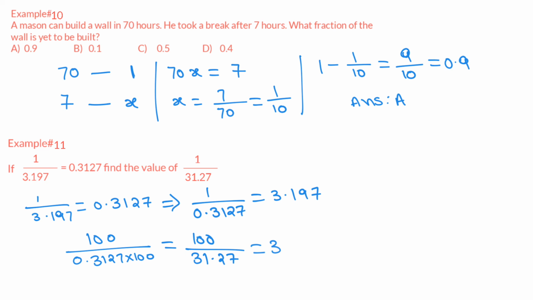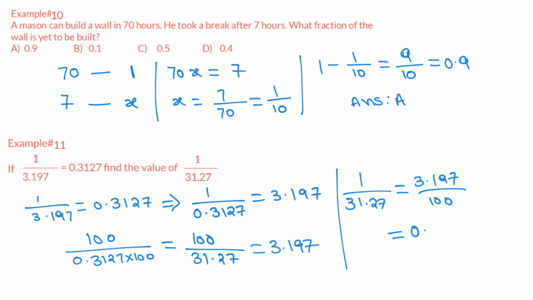So this is equal to 3.197. So if I want 1 over 31.27, that would be equal to 3.197 divided by 100, which is equal to 0.03197.